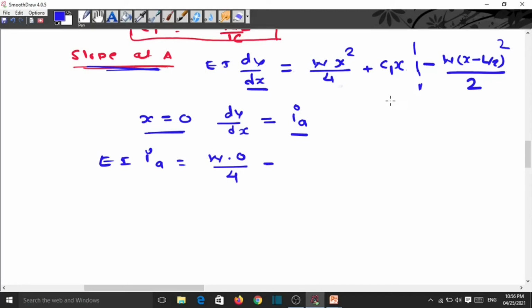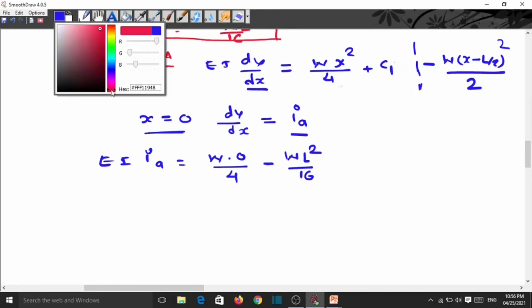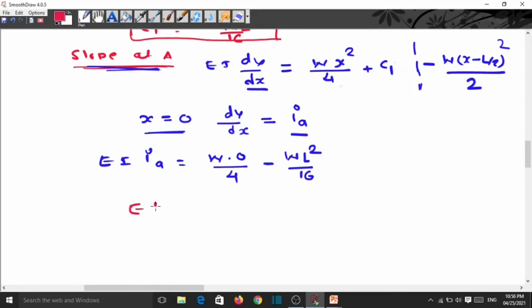Then here we know the value of C1 is minus WL square by 16. So EI theta A is equal to 0 minus WL square by 16.